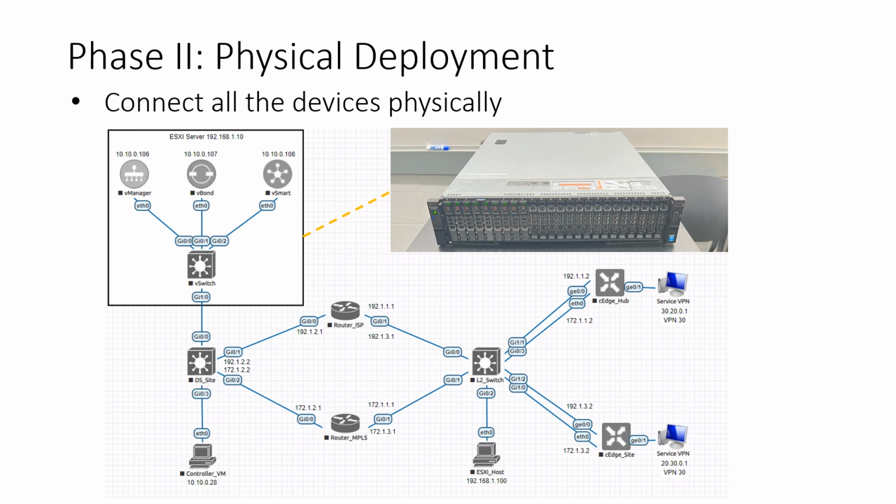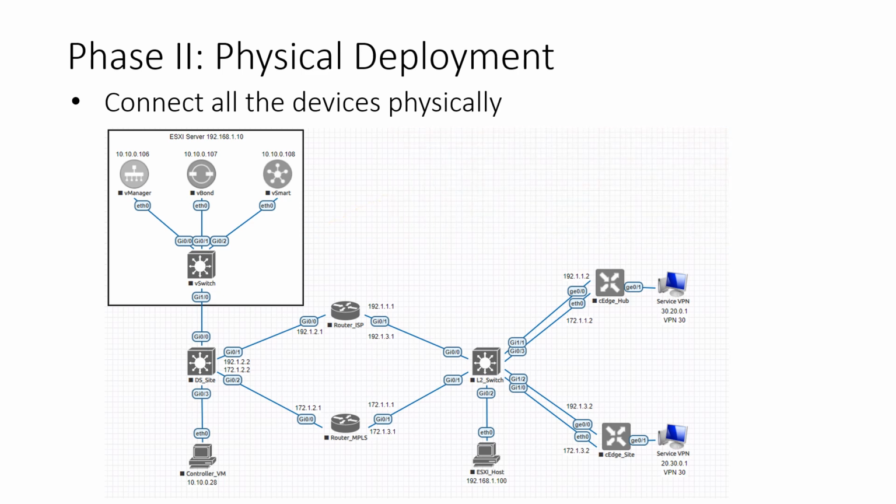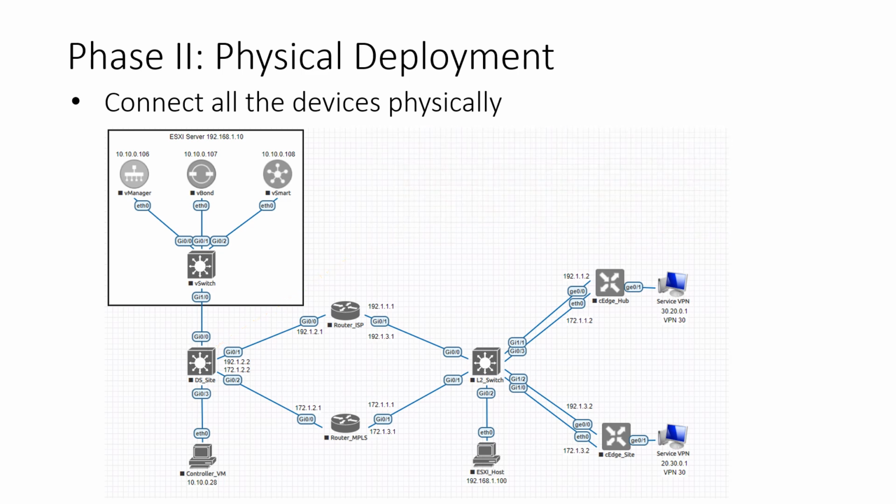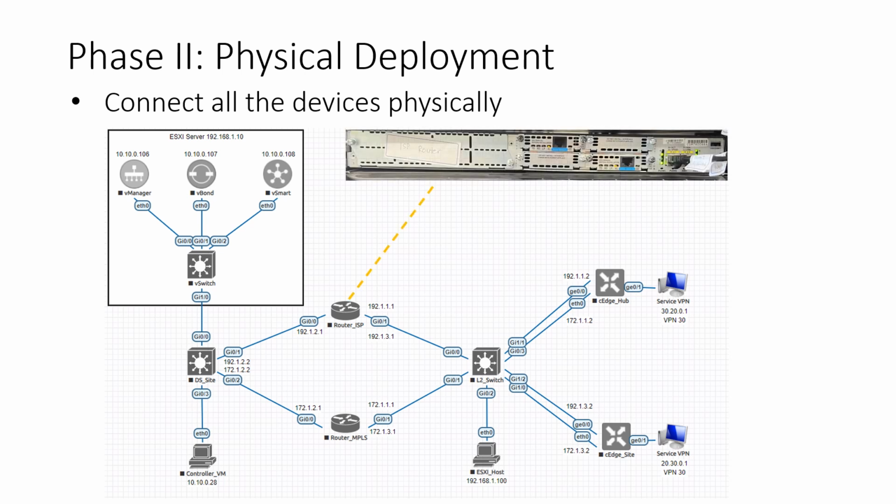This is the ESXi server. This is the L3 switch, that means layer 3 switch. This is the router representing the ISP network.